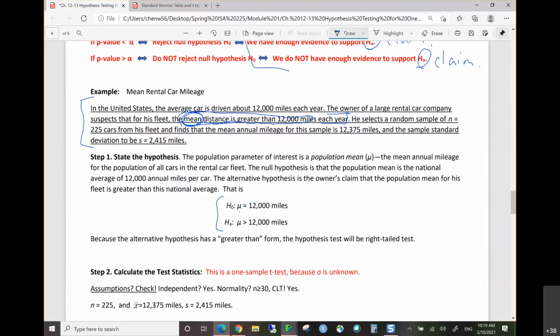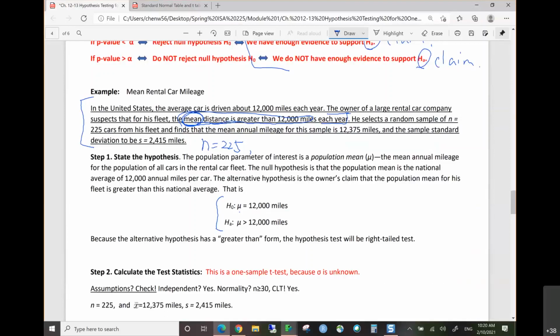State the hypothesis, right? Next, it says he selects a random sample of n equals 225 cars. So what is n again? Sample size, right? So we have the sample size n, 225, from his fleet and finds that the mean annual mileage for this sample is 12,375.